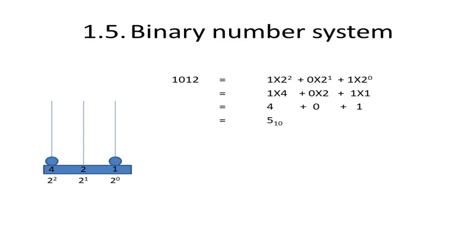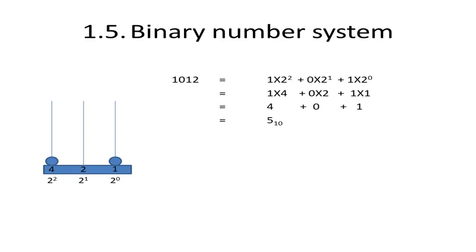But here what we can see, 101 base value is 2. You can see 2 to the power 2 is multiplied by 1. That means 4 multiplied by 1, the place value is 4. And here 0 is multiplied by 2 to the power 1. 2 to the power 1 is 2 multiplied by 0.